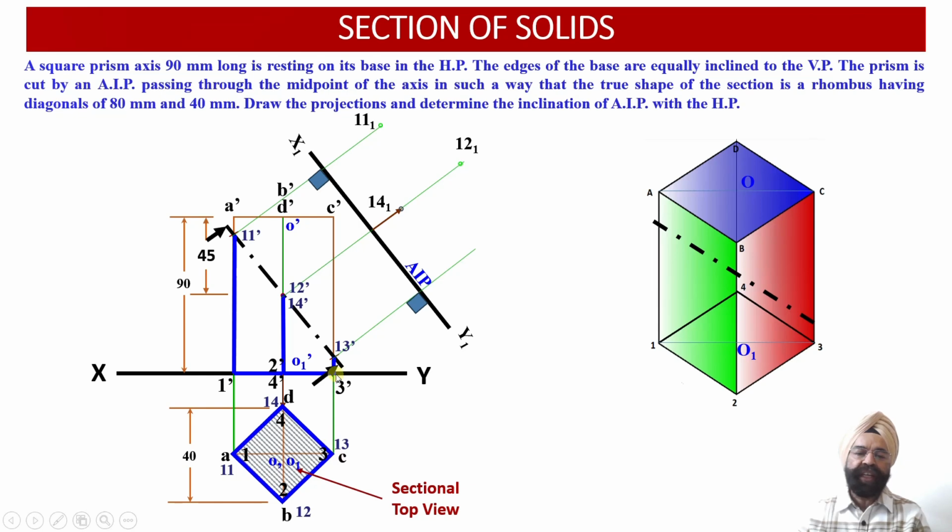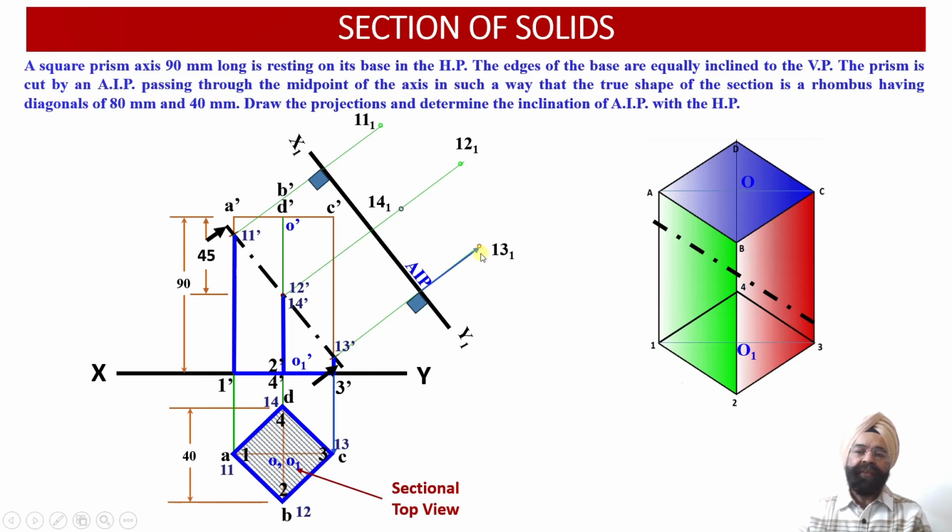Now the last point available over here is point 13. Now we are going to measure the distance of point 13 from the XY reference line. Now from the projector line emerging from the point 13 dash, the same distance we are going to mark ahead of the plane x1, y1 over here.